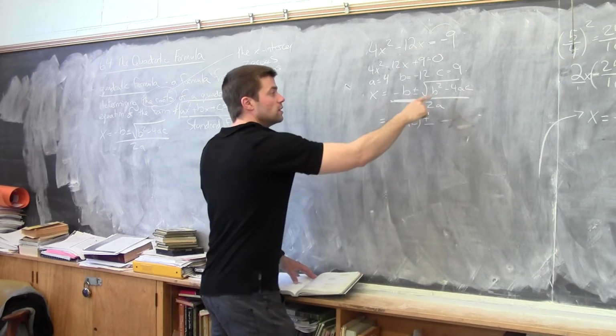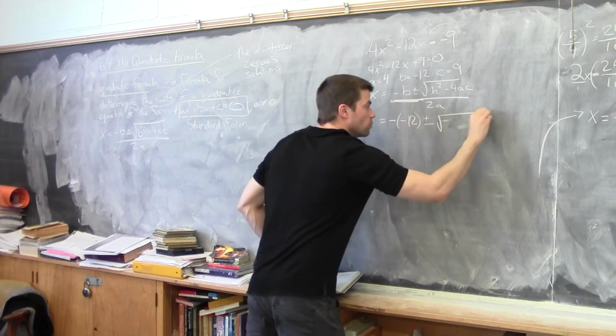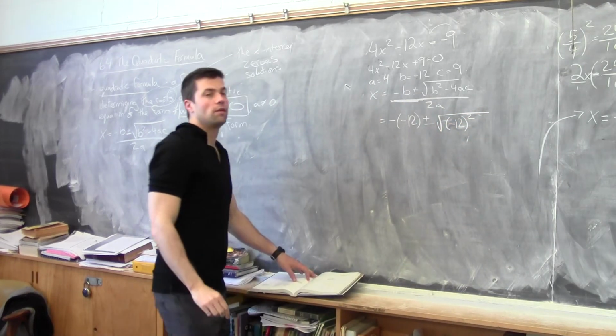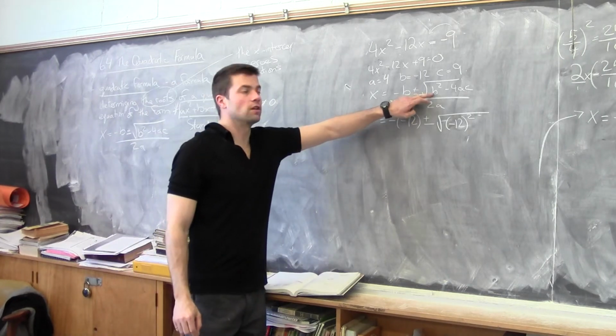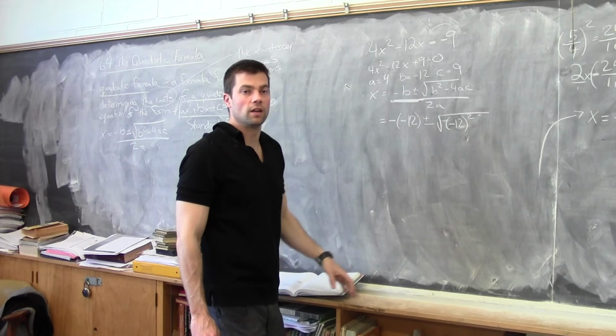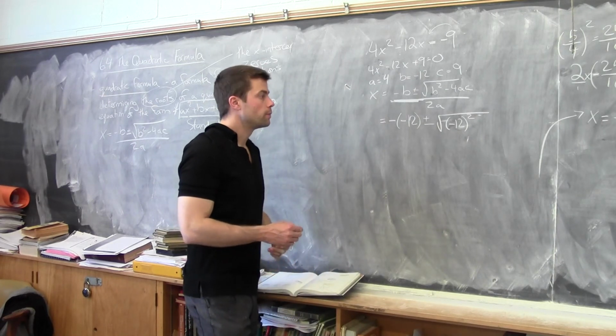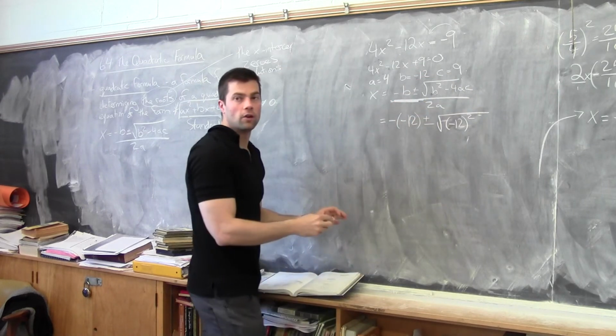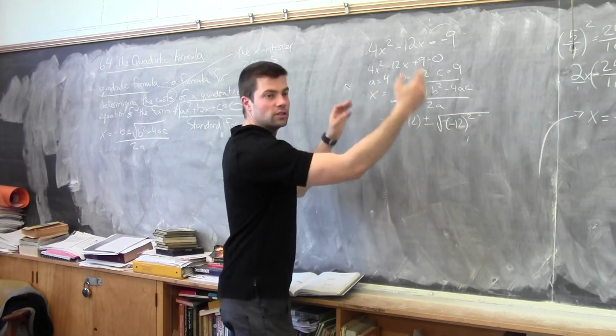So in this case, it's the square root of, in brackets, negative 12 squared. Make sure that you realize this is going to be a positive number now. If you mess up anywhere in this equation, you're going to get the answer wrong. So why is it in brackets? Because you're subbing in the value of negative 12 fully in for B. It's not like when we added a number and subtracted a number.